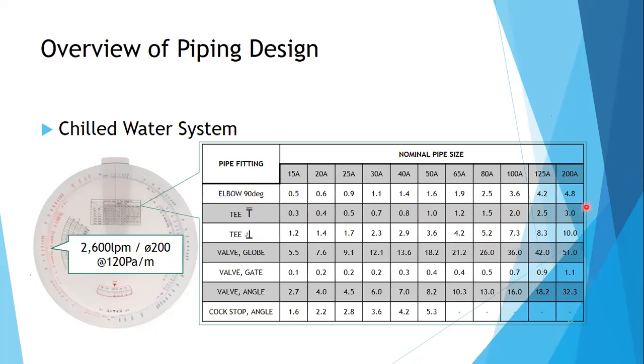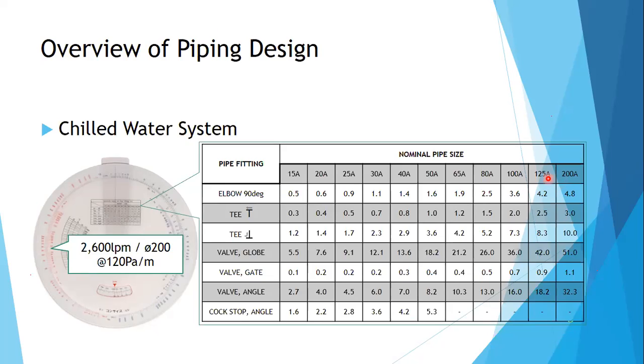One elbow means 4.8 meters. An equivalent of a 90-degree elbow is an equivalent of 4.8 meters of pressure drop. So 4.8 times 120 will be the equivalent pressure drop for your 90-degree elbow at this pipe size.